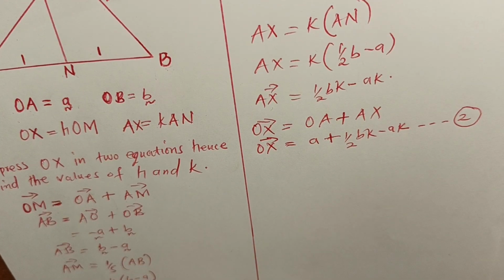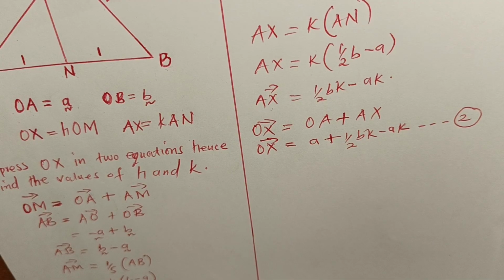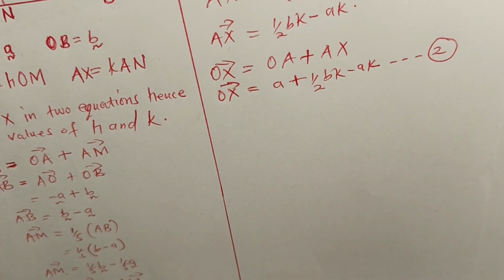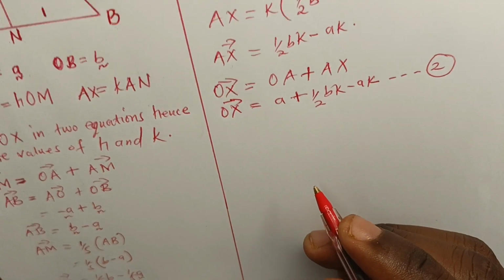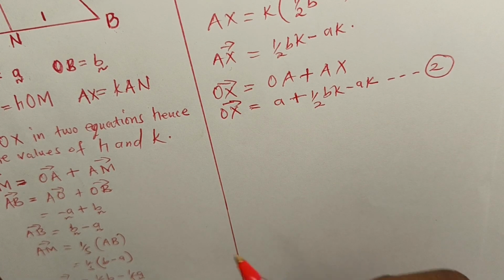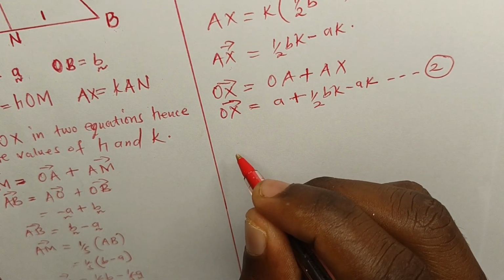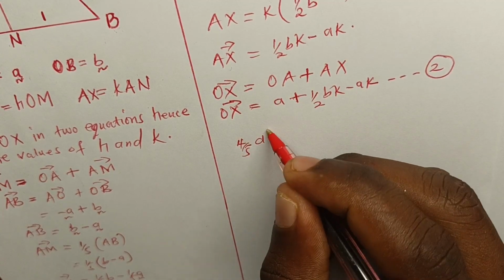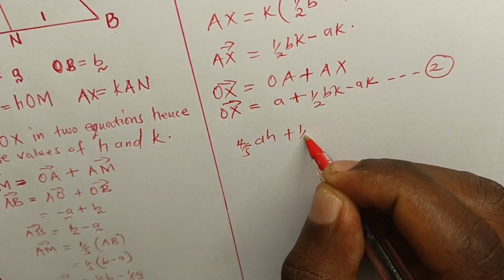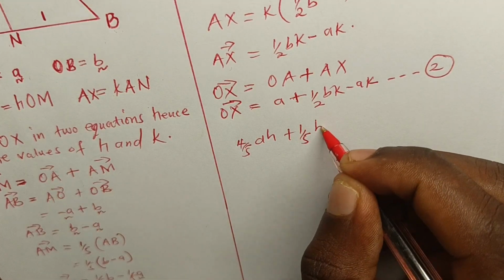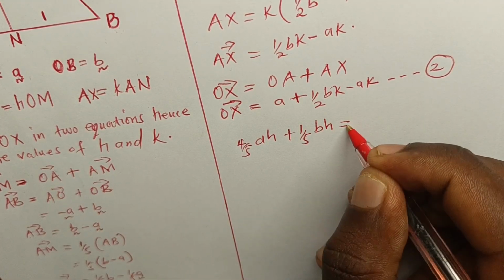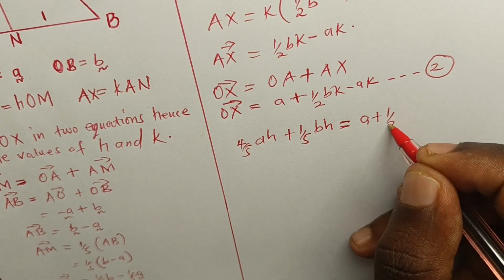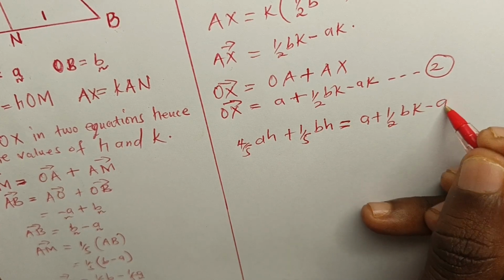Now comparing the two equations, the first equation says 4/5 ah plus 1/5 bh. You can say this equals a plus a half bk minus ak.